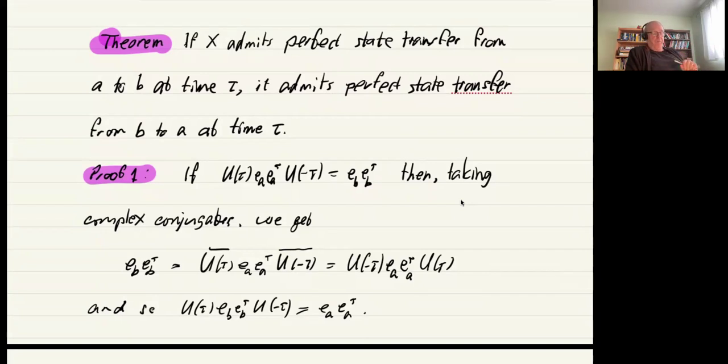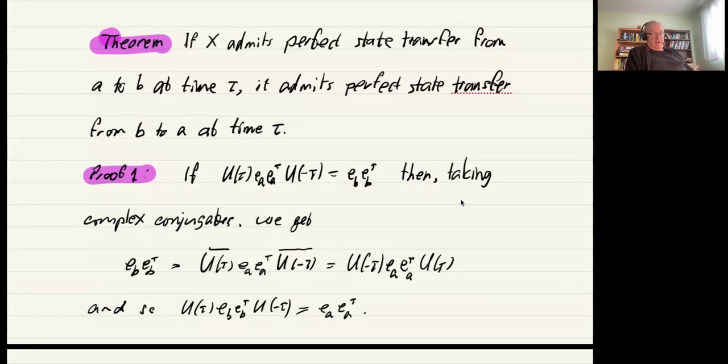Okay. So the proof is straightforward. If we start on A and at time tau, this is our state, we want that to be equal to EB transpose. All I need to do is take complex conjugates of everything inside. Now, this is a real vector, so it stays where it is.